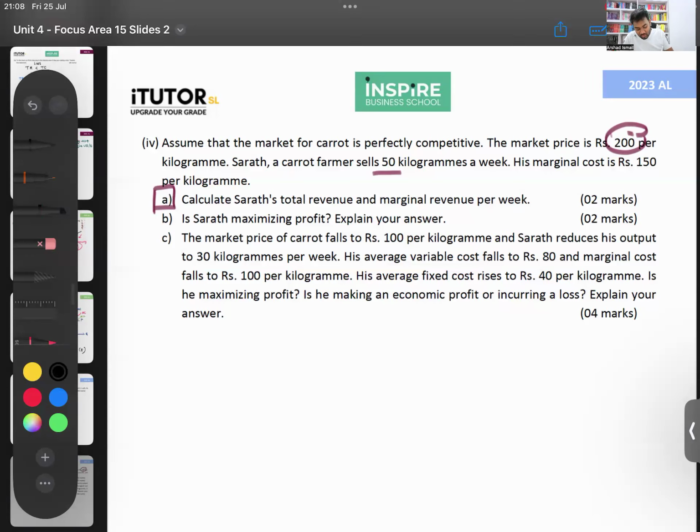How much is Sarat's total revenue? Total revenue is price times quantity. He sells at 200 rupees a kilo. How many kilos is he selling? He's selling 50 kilos. His total revenue is 10,000. Right.